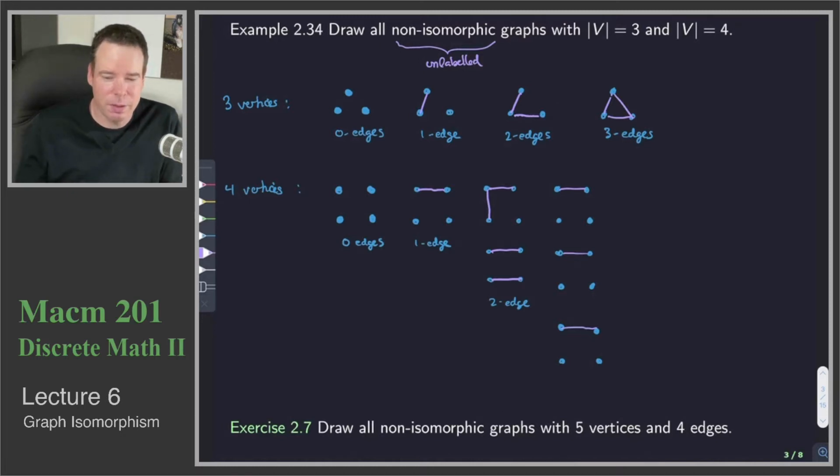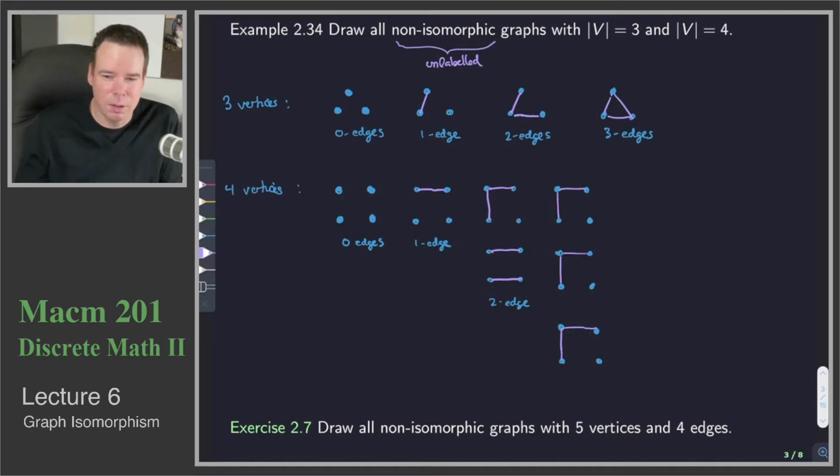I could start with this diagram, stick that edge there, and then say where could I put the third edge. Or I'm just going to back up a moment and say there's no way to add three edges to this diagram and not have a vertex of degree 2. There's going to have to be a vertex of degree at least 2. So I'll make sure I have that to start with.